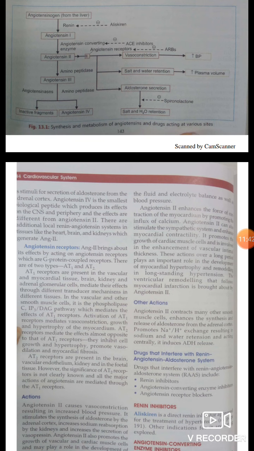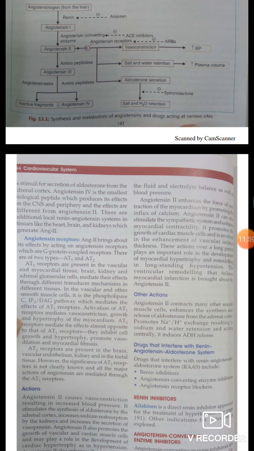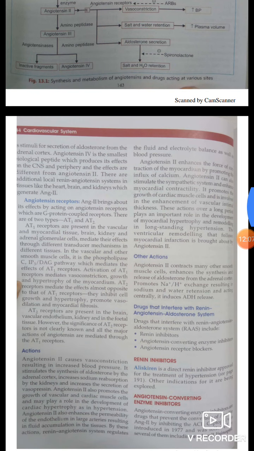So instead of angiotensin 2, the ARBs will bind, right? So there is no further effect of vasoconstriction, salt and water retention, and aldosterone secretion. So angiotensin 2 is the major player which acts on hypertension.